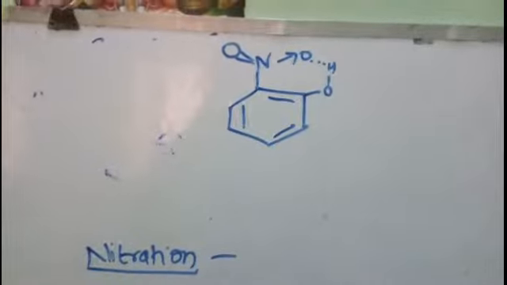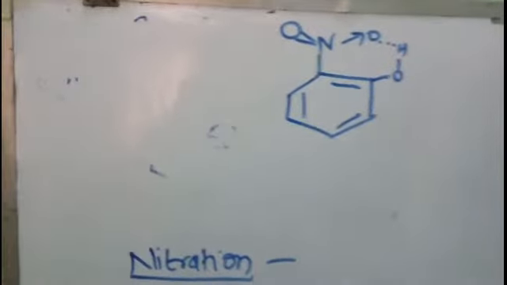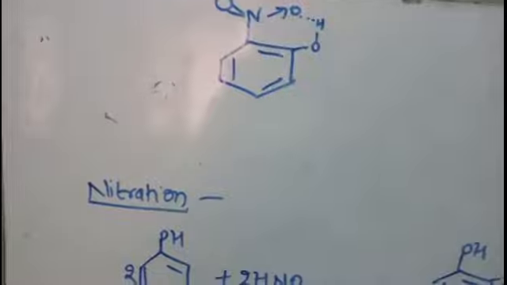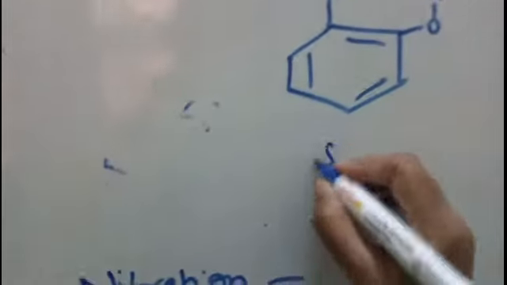This orthonitrophenol is steam volatile. Why is it steam volatile? Due to the presence of intramolecular hydrogen bonding. See, within the molecule the hydrogen bonding is possible, and therefore these molecules do not bond to other molecules and they remain isolated, so they easily separate out at low temperature, hence they are steam volatile.